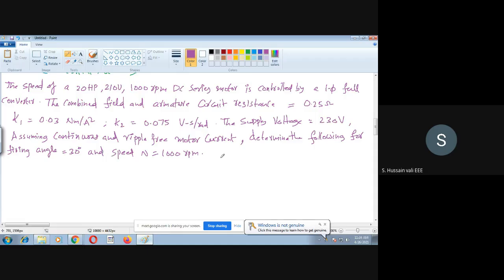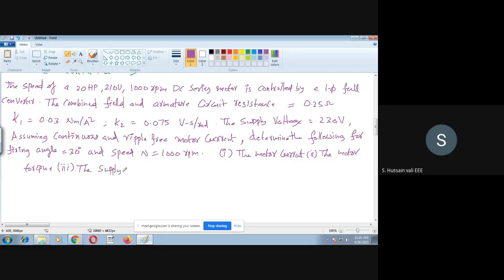One, the motor current; two, the motor torque; three, the supply power factor. Okay, so now this is the question.